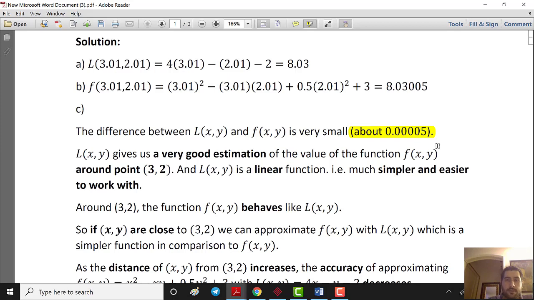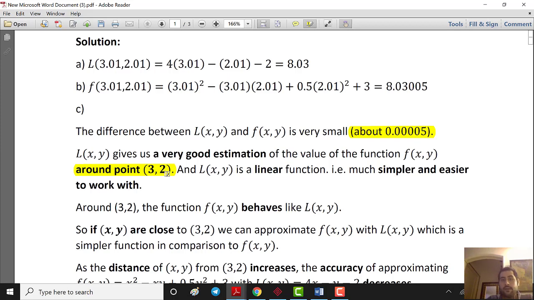What does that mean? It means that L of x and y gives us a very good estimation of the value of the function f of x and y around point 3 and 2, right? And I want to emphasize on around 3 and 2.